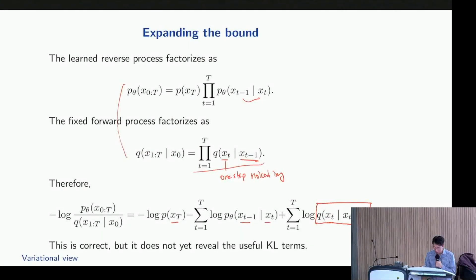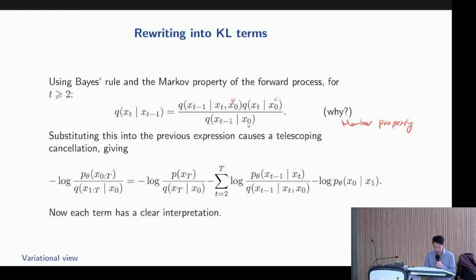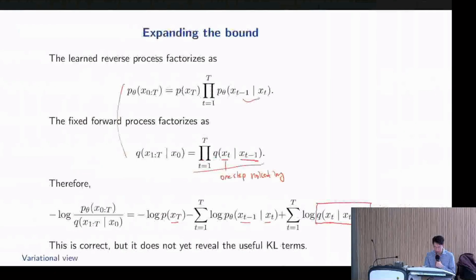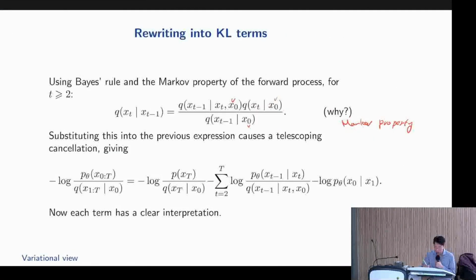Okay, so what's going to happen? I have a sum over index t of log Q distribution. So what's going to happen? I have the ratio between Q of xt given x0 and Q of xt minus 1 given x0. And I'm going to compute the sum of the log probabilities.